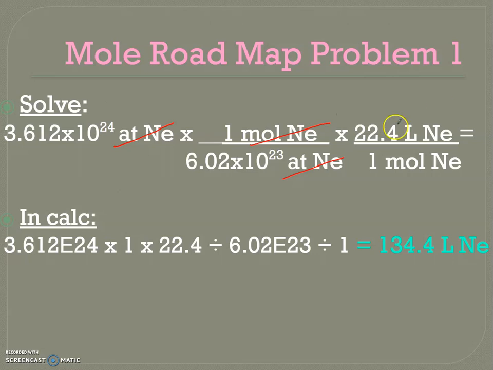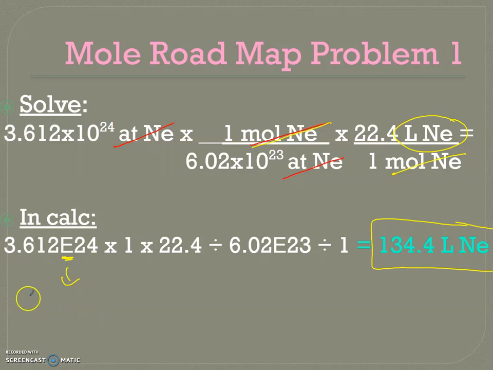Cancel out your moles by dividing by 1 mole in the next step, leaving liters, and then multiply by every numerator. Make sure you use E for the value. I'm all mixed up with my words here. I'm sorry.